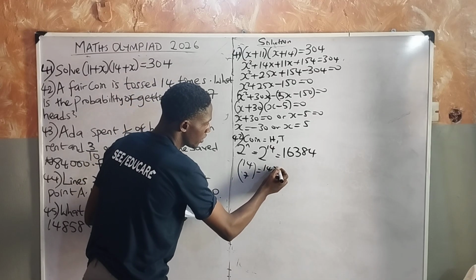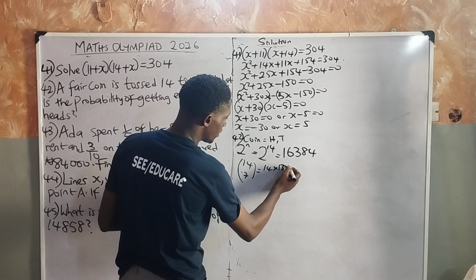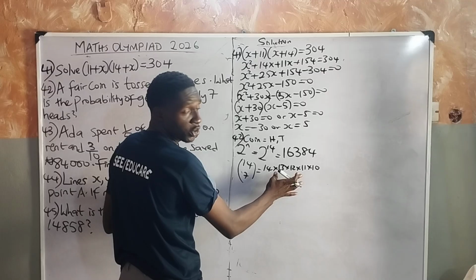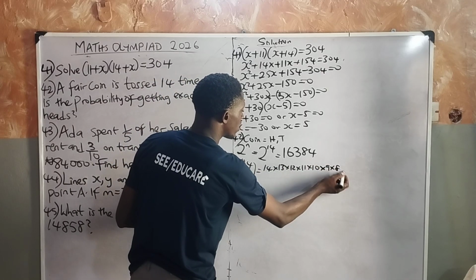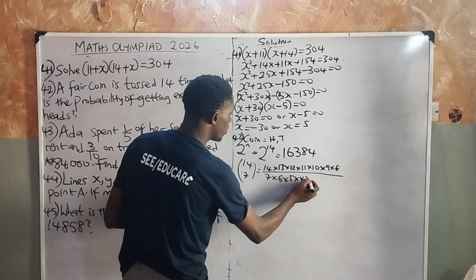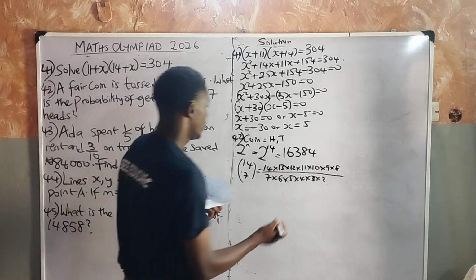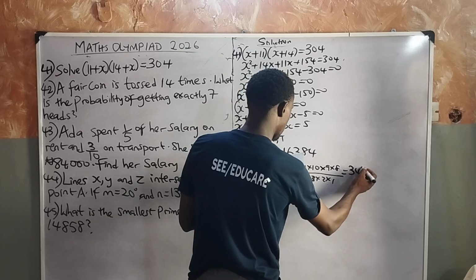This is 14 times 13 times 12 times 11 times 10 until you count up to 7 numbers: 1, 2, 3, 4, 5, 6, 7, over 7 times 6 times 5 times 4 times 3 times 2 times 1, which gave me 3,432.